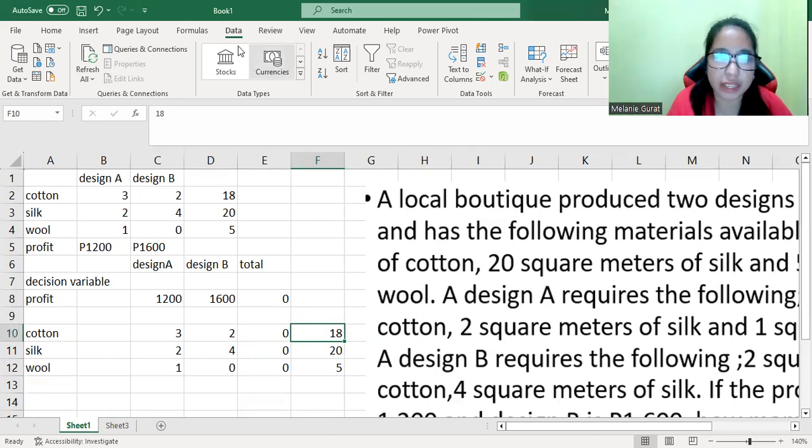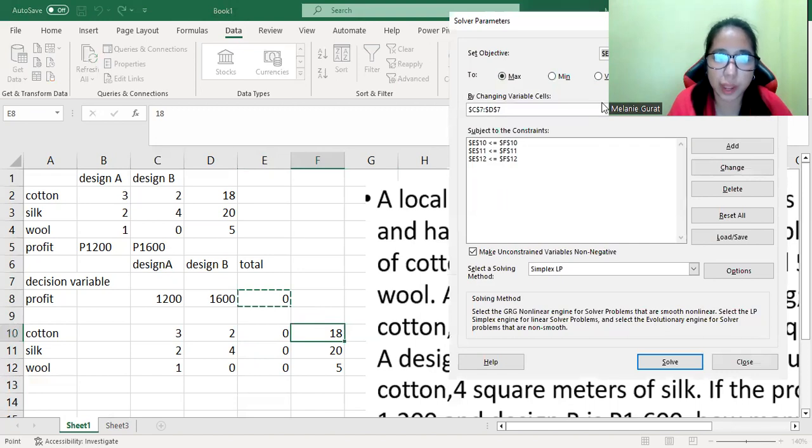Now, using the Solver, we have here Data, Solver, and we were able to enter these values already in our previous video. As mentioned, the set objective is the objective function, this one.